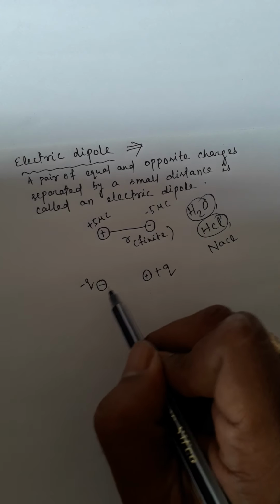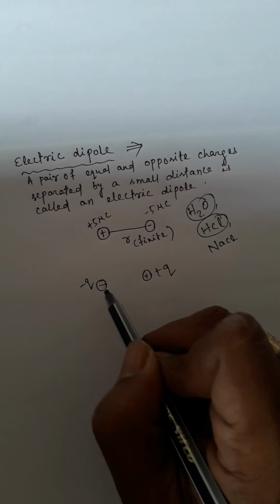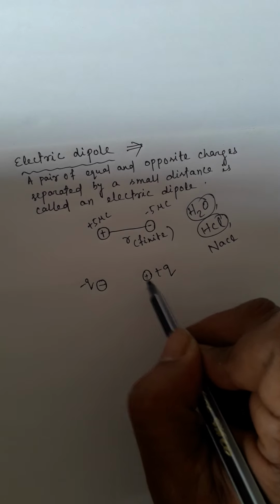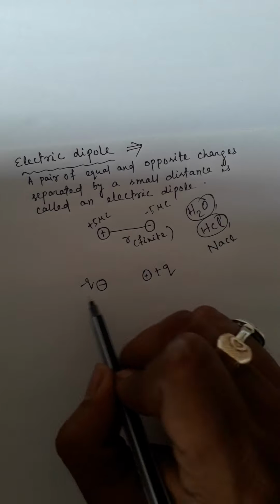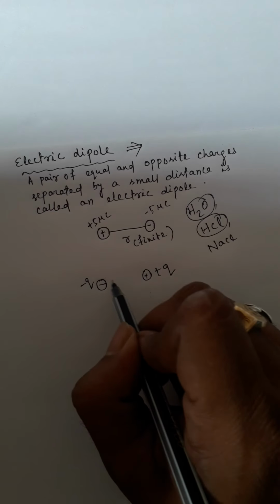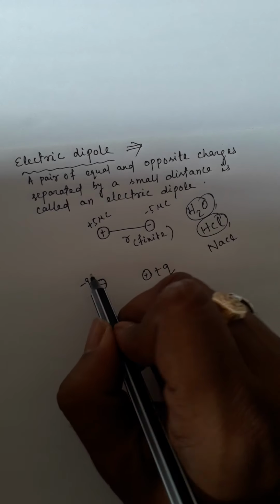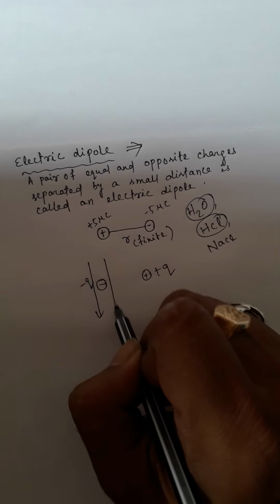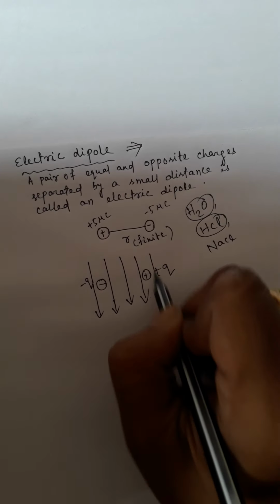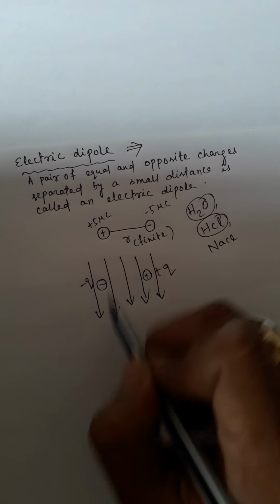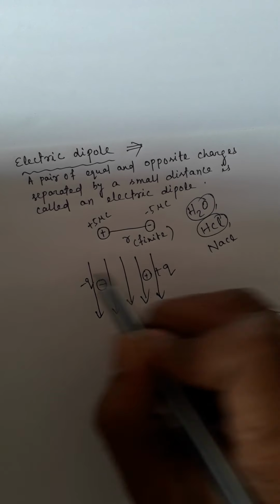Let's take two charges, one is minus q and another is plus q. Both have the same magnitude but opposite nature, so they make a dipole. And if we place it in a uniform electric field, these are the field lines. They show the direction of the electric field.